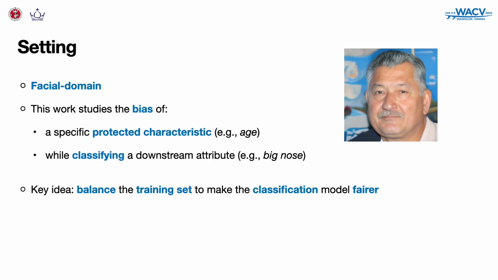The downstream classification attribute is the main task of the classifier, for example, big nose or big lips. Please note that this discriminative model does not know the protected characteristic at training time and at inference time. The key idea of this work is to balance the number of data points of a given protected characteristic in order to achieve higher fairness.